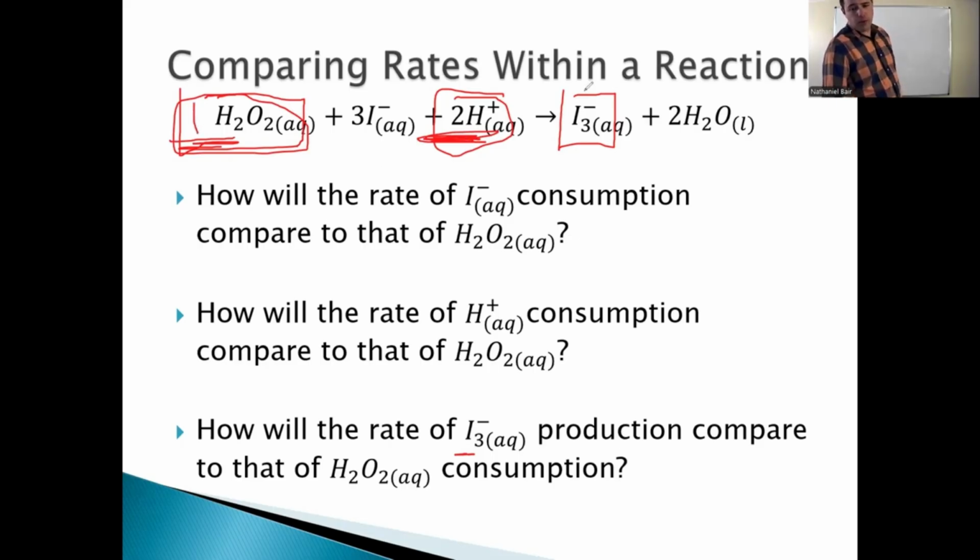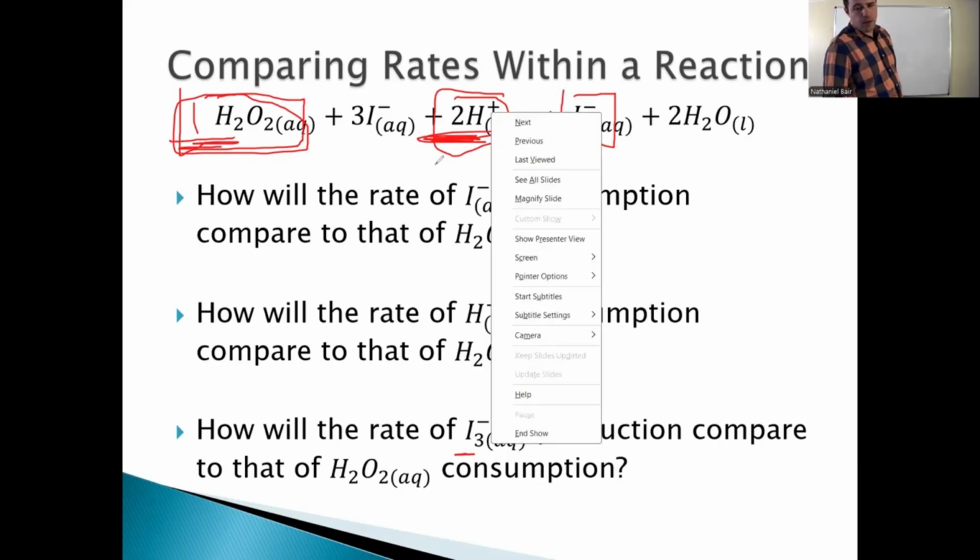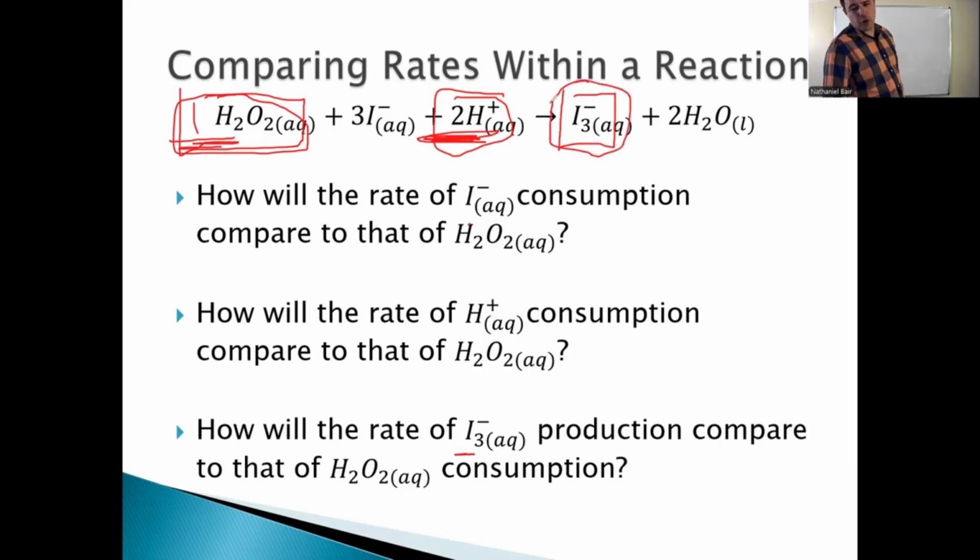How about this one? How will the rate of the triiodide production compare to the hydrogen peroxide? Well, the answer is they are going to be the same, just with an opposite sign. They both have the same coefficient, a 1 and a 1. But since the triiodide is increasing, its rate is going to be positive, and the rate for the hydrogen peroxide is going to be negative.